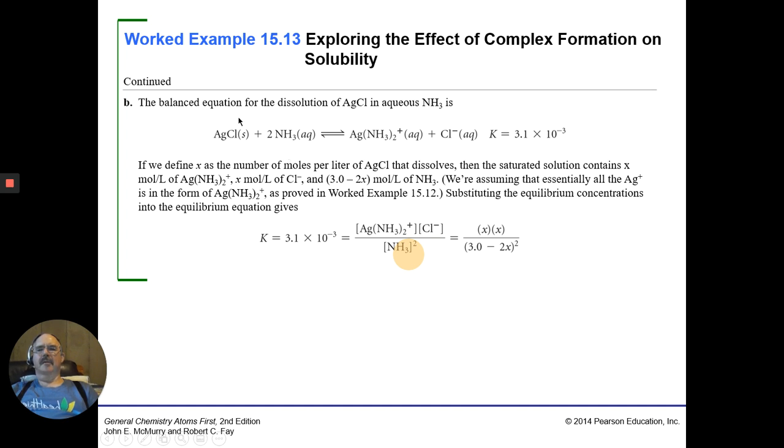If we add the KSP process with the complexation of the silver ion, the silver ion actually cancels out, and then this is the result.